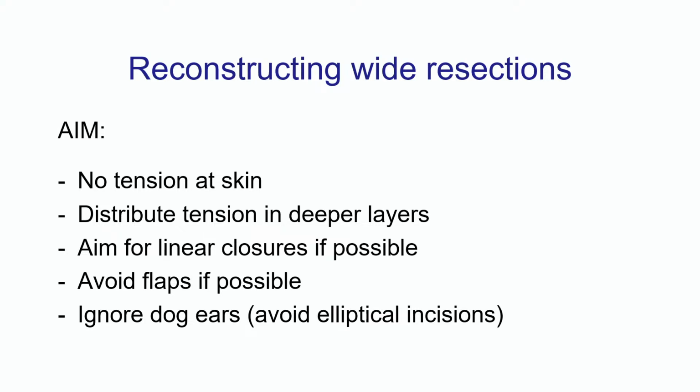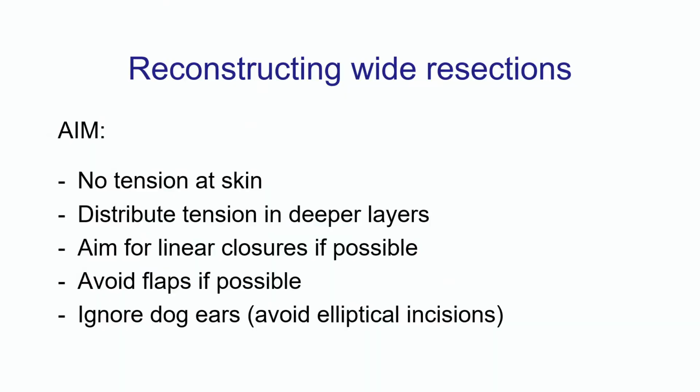So ideally, when you're putting in skin sutures or an intradermal suture pattern, the skin is just sitting next to itself without any tension, without any pulling apart. So the way to deal with this is to get rid of that tension by distributing it as much as you can into those deeper layers of tissue.